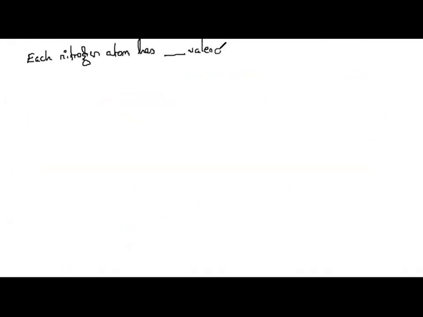What do you mean by valence electrons? The electrons present in the outermost shell. Nitrogen's atomic number is 7. It comes out to 1s2, 2s2, 2p3, or you can write it as 2, 5. So the outermost shell has 5 valence electrons. Each nitrogen atom has 5 valence electrons.